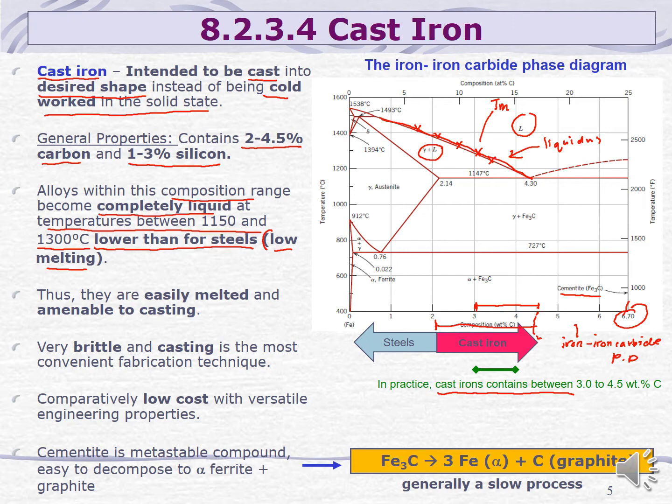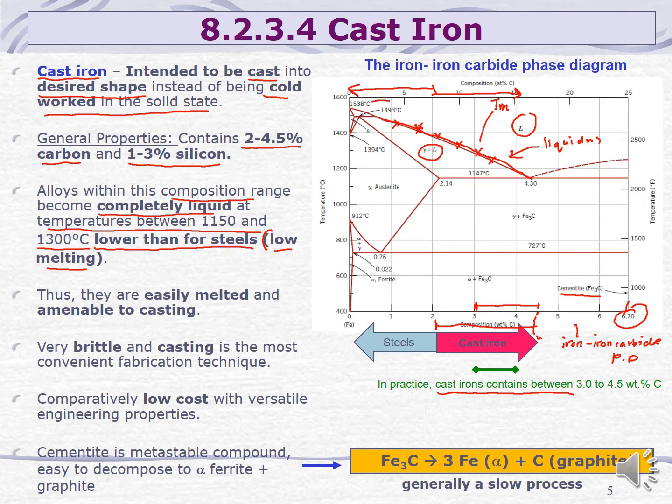Okay, so you can see here less than 2, okay. So this area has a higher melting point compared to the cast iron, which has more than 2% of carbon.